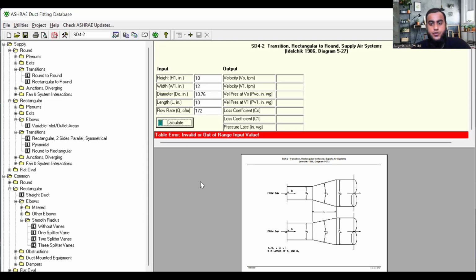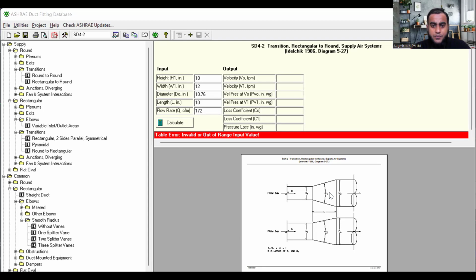Why is it not showing? Transition, just 1 minute, huh? Hit on full view and let's see. See, actually our main target is H1, diameter value, okay, D naught, W1, H1, so everything is same. So why?